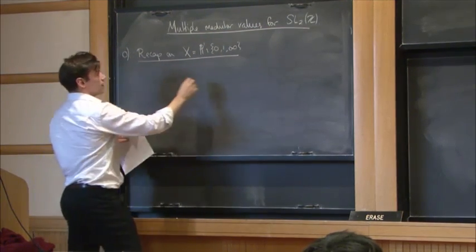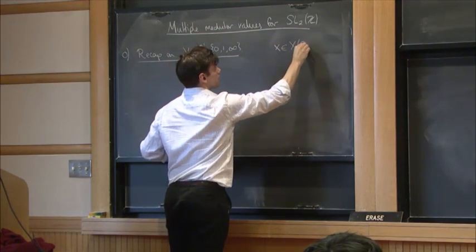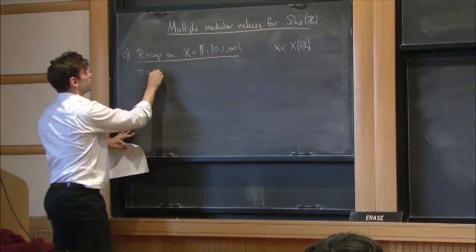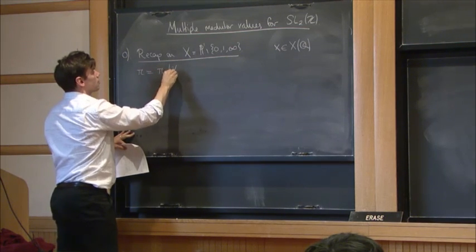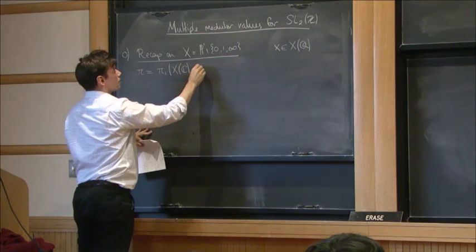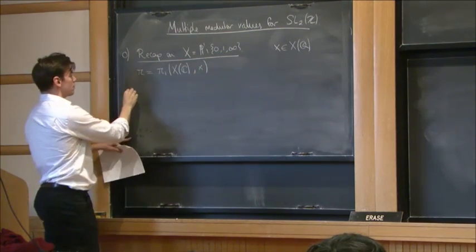So we begin with a point, let's say a rational point for the sake of argument, and pi is going to be the fundamental group, the normal topological fundamental group of the complex points of X at the point x.